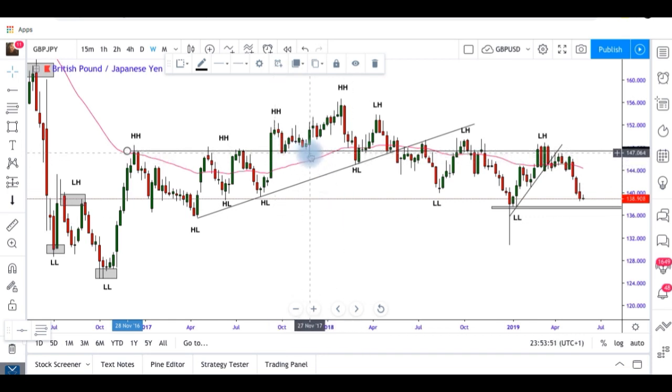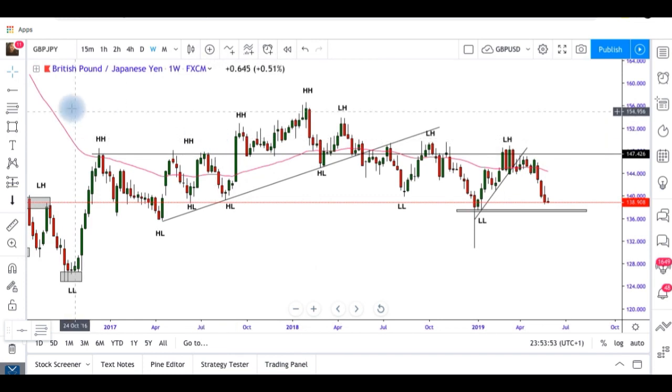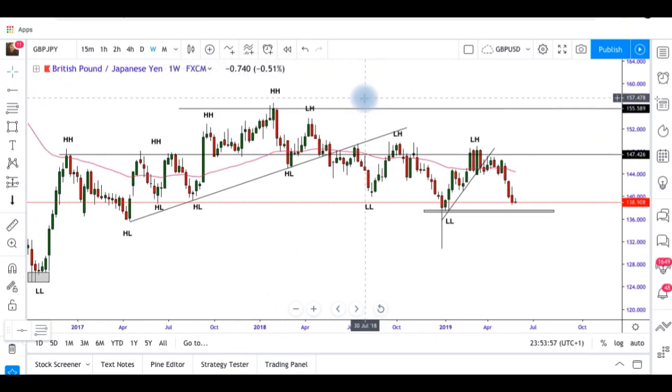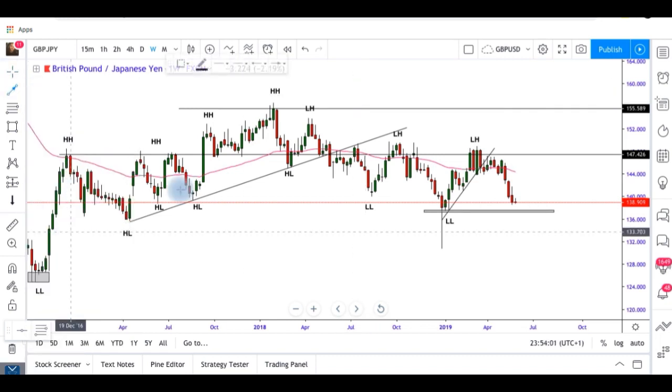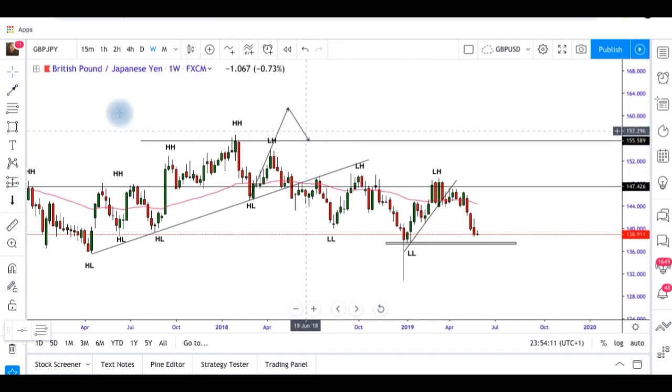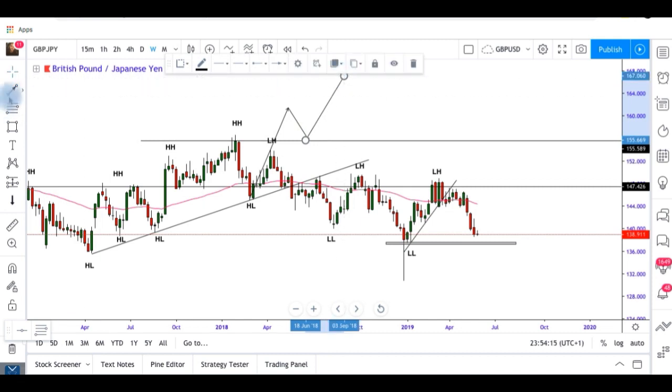Now, once it became support, what we can then do is use this as a level of resistance. Okay, so therefore what should have happened is we should have then bounced from here, came up, and then used this previous resistance as a level of support to then bounce from, and then create another higher high.